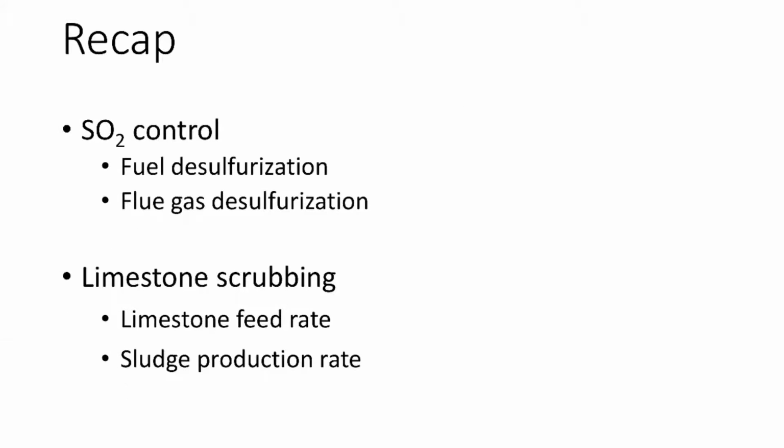So just as a recap, we learned about the sulfur dioxide control. We mentioned that there are 2 ways to control them. One is the fuel desulfurization, that is just to remove the sulfur inside the fuel. There is a process called the Claus process, which can convert the sulfur in the fuel first into the hydrogen sulfide.